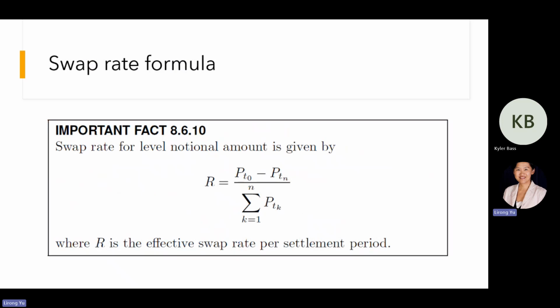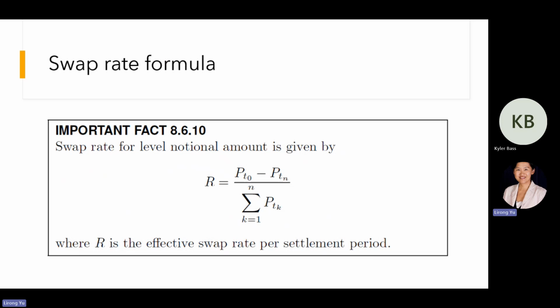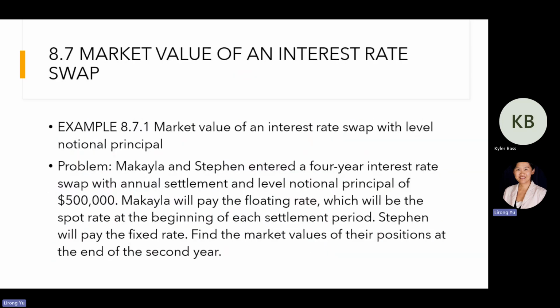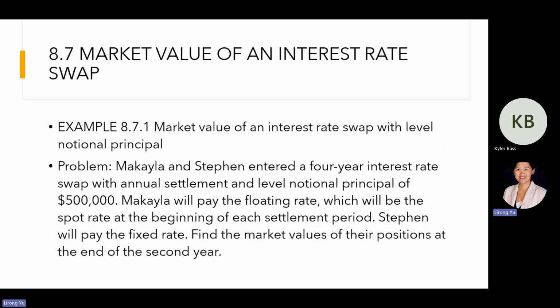If the notional amount is not level, you have to apply 6.6.8, with QK multiplied by PK. The numerator is going to be a big summation. But it's still helpful to analyze with a shorter notation, so 8.6 offered a better way to analyze the swap rate calculation.